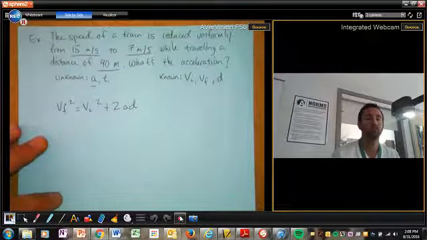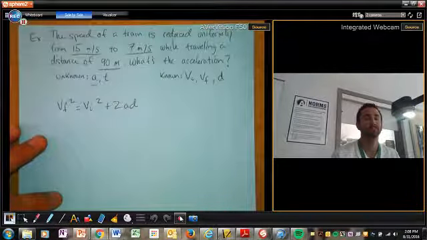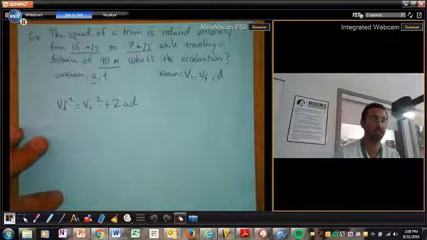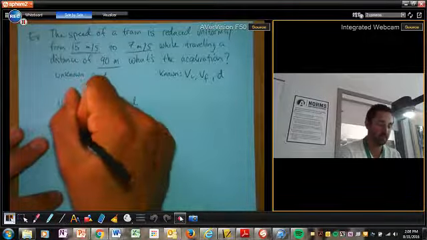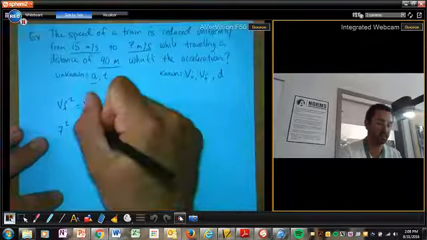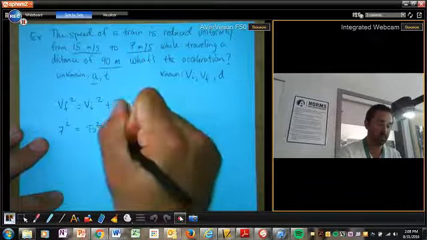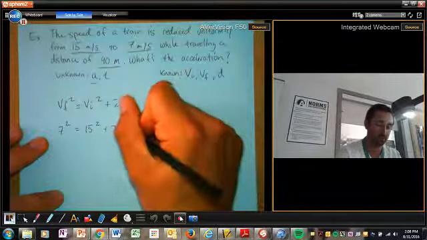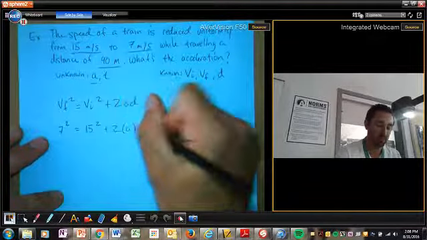So let's go ahead and input my values. My VF is 7, so 7 squared, make sure you write that, is equal to my initial, which is 15 squared, plus 2 times my A, which I don't know, so I'm going to leave that in parentheses, and my D is 90 meters.